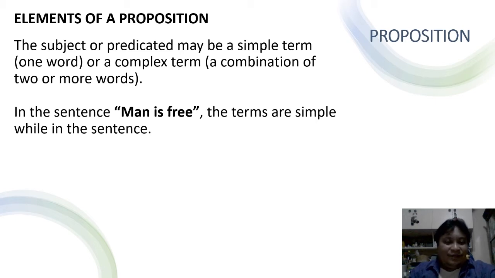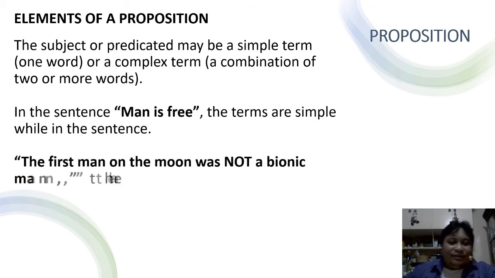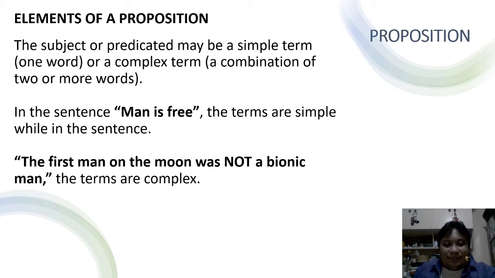But to give another example, the first man on the moon was not a bionic man. Both the subject and the predicate are complex terms. The first man on the moon is already a complex term, and was not a bionic man is also a complex term, because it is a combination of two or more words.